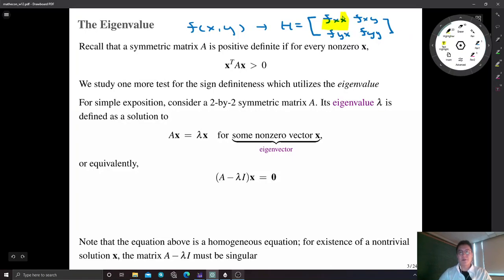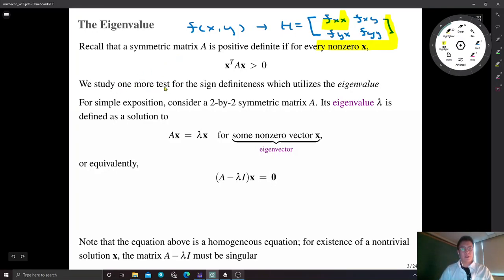If the first principal minor is positive and the second principal minor, that is the determinant of this 2 by 2 matrix, is positive, so all principal minors are positive, then the Hessian matrix is positive definite. But if the sign alternates, so f sub xx is negative but the determinant of this 2 by 2 is positive, then the Hessian matrix is negative definite.